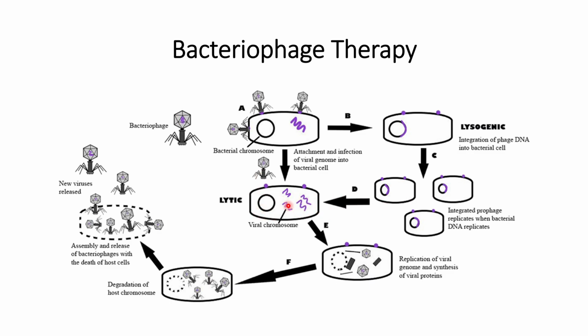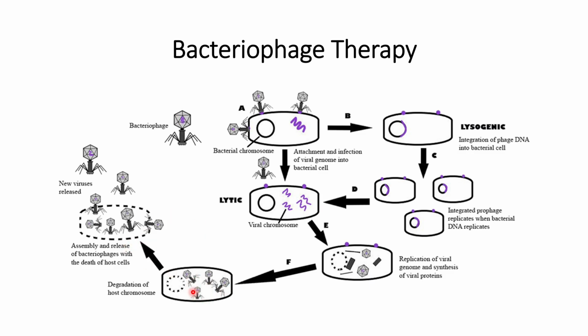In both cases, the final result is that the replication of the viral genome and synthesis of viral protein increases. As this increases, more bacteriophage will be produced within the cells, and they will be transported outside.